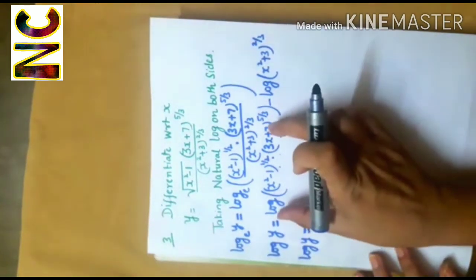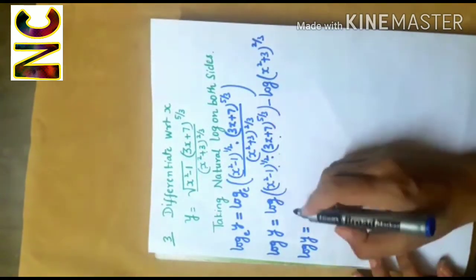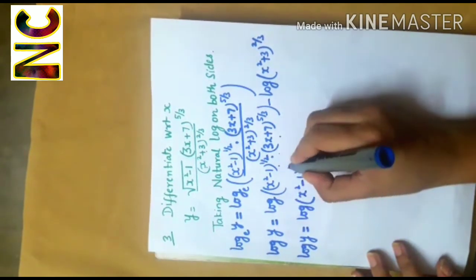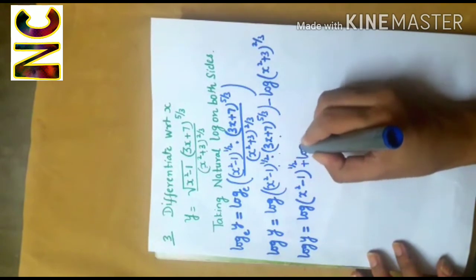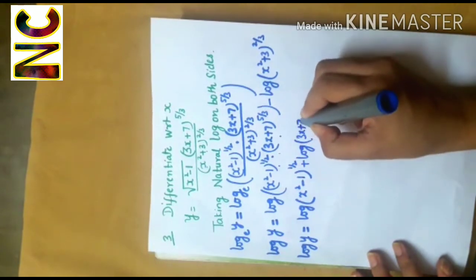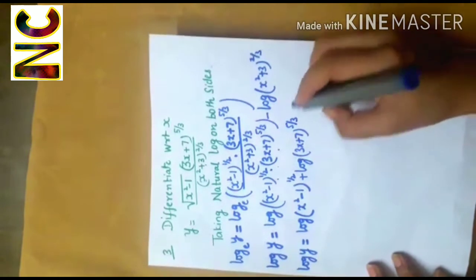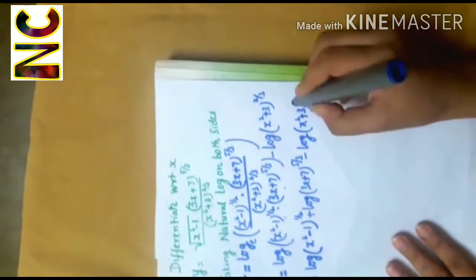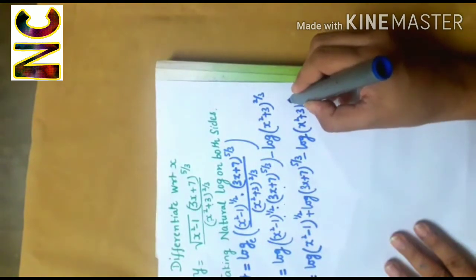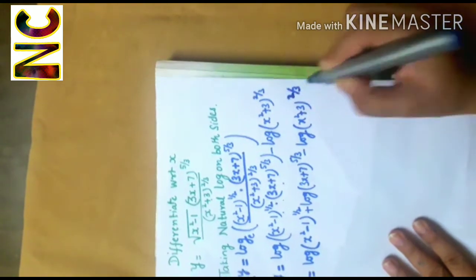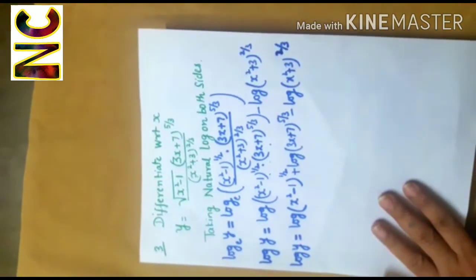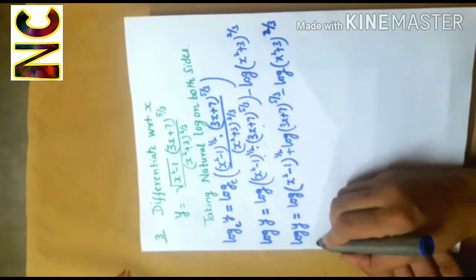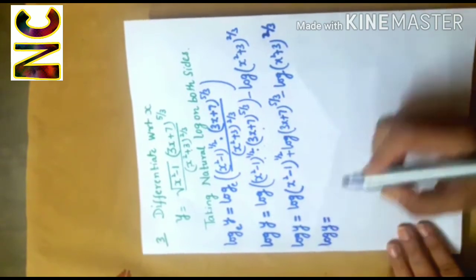So again, applying the property of logarithm, I'll get log of x square minus 1 raised to the power half plus log of 3x plus 7 raised to the power 5 by 3 minus log of x square plus 3 raised to the power 2 by 3. So this is log y equals.